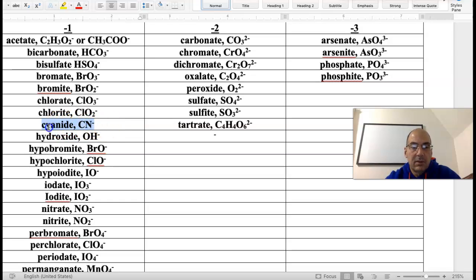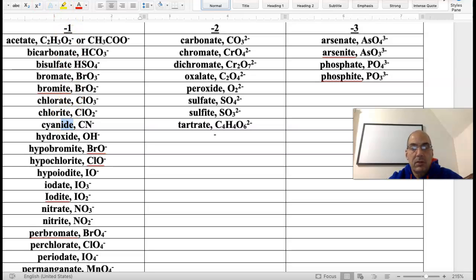Well, really, it's just this one, because hydroxide is not really going to make an acid, but we'll get into that at another point. The way that we name an acid depends on this suffix, whether the name of the anion ends with "ate" or "ite" or "ide". That's all it's going to come down to.